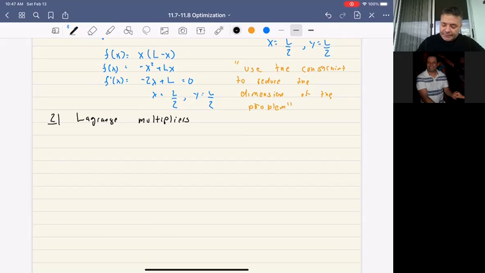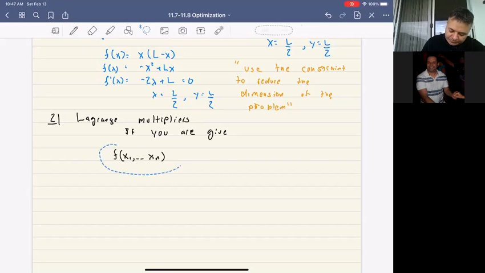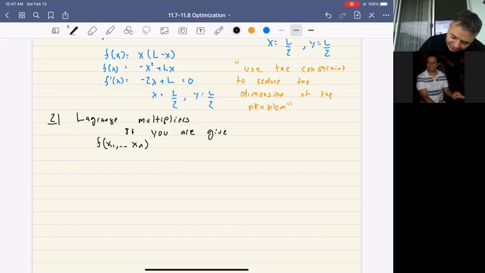So the idea of Lagrange multipliers is if you are given f of x1 through xn with constraints g1 of x1 through xn equals, let's say, c1, and you should have at least n minus 1. We're not going to do all of these.